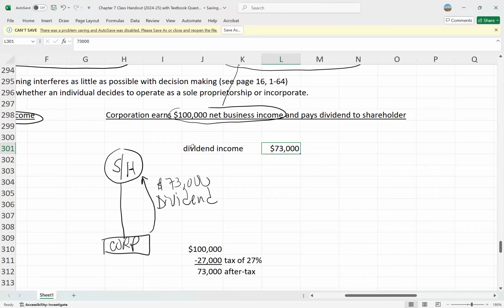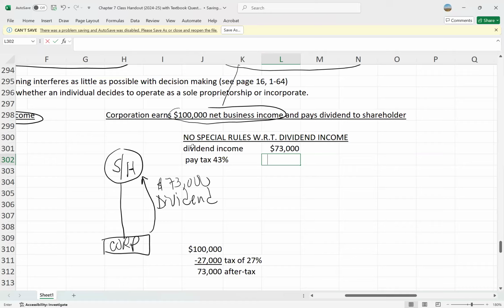So I'm going to show you what would happen if there was no special rules with respect to dividend income. So if there was no special rules with respect to dividend income, this individual gets 73,000 from the corporation that they're a shareholder of. They're going to pay tax at 43%.